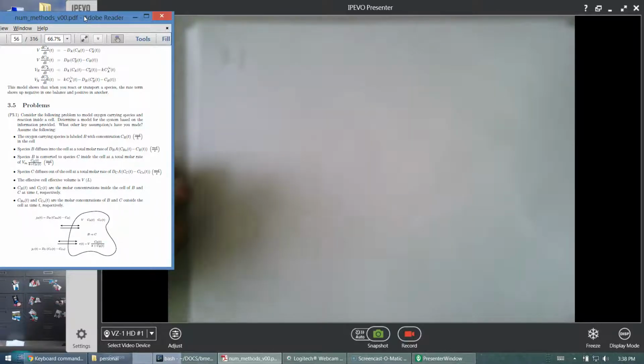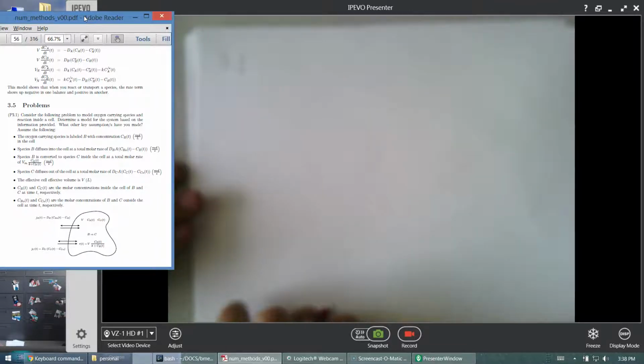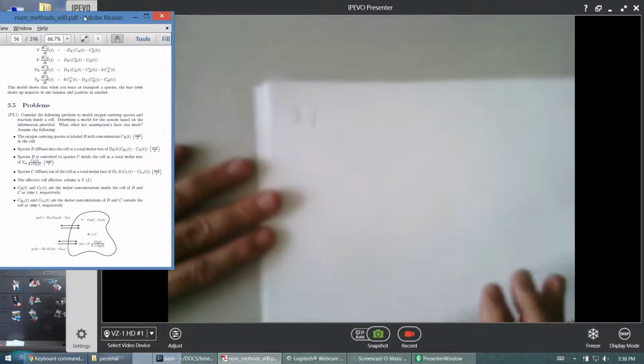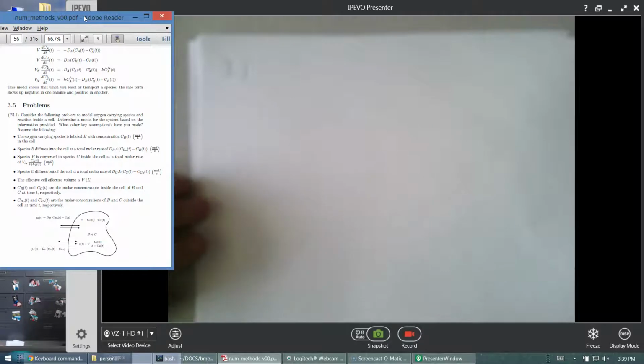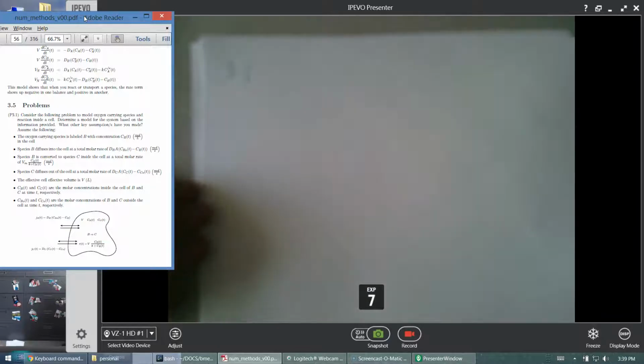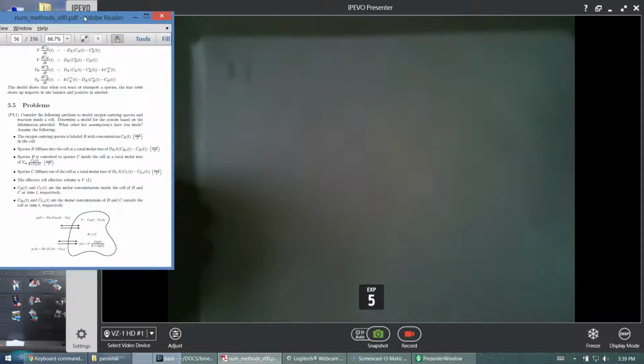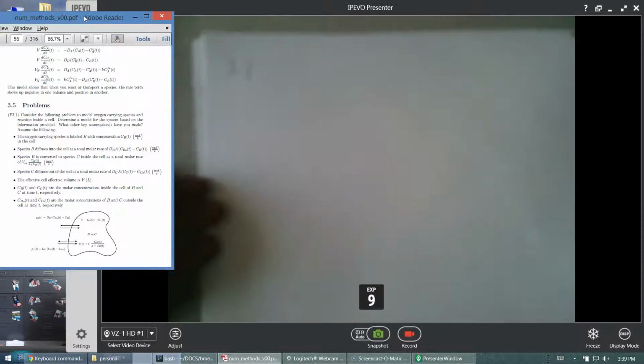It's got to focus better than that. That's sort of terrible. It's not focusing at all. Let me see what is going on. There we go. Maybe that'll get into focus.